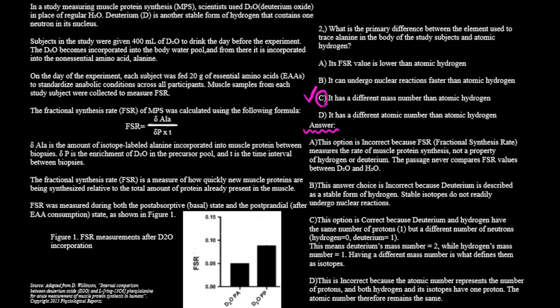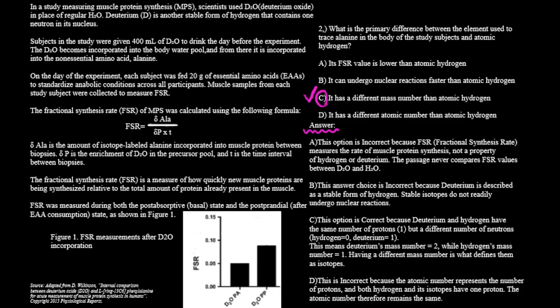Question number 2 reads, what is the primary difference between the element used to trace alanine in the body of the study subjects and atomic hydrogen? This question is essentially asking you to identify the difference between deuterium and atomic hydrogen.